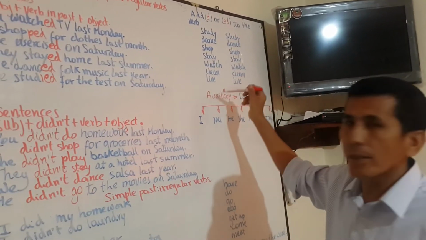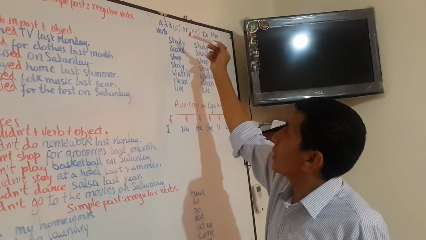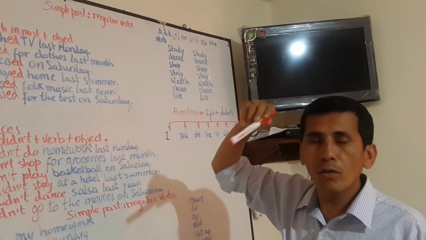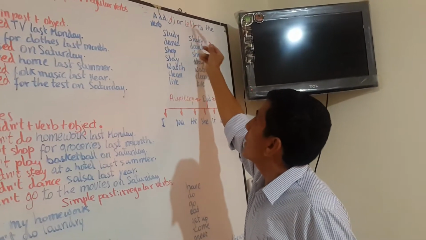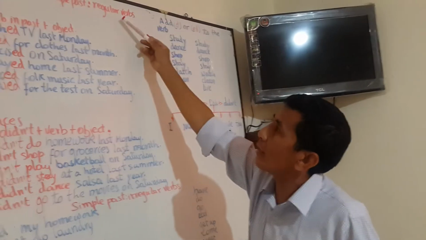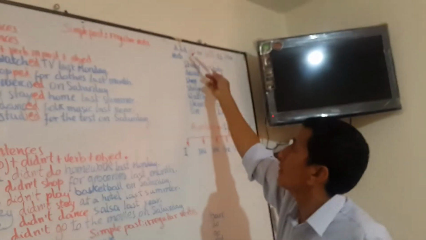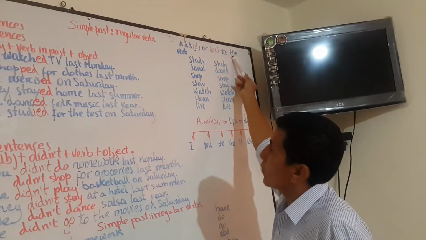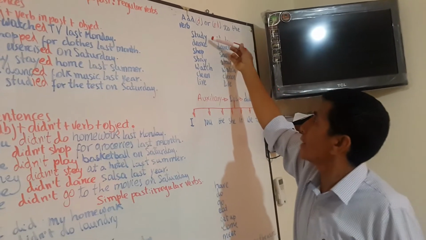Now that I explained about the auxiliary, I'm going to explain this difference. When we are going to work in past, we need to add d or ed to the verb. Why? Because they are regular verbs. So remember, regular verbs add d or ed to the verb. Here are some examples. For example, study.